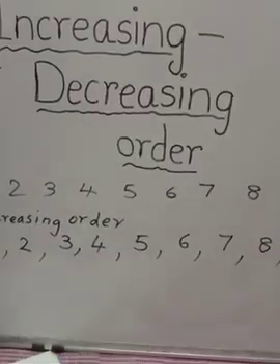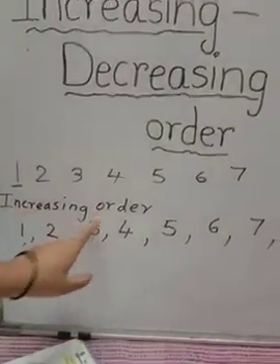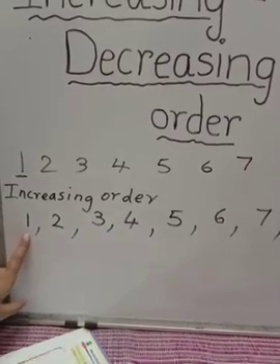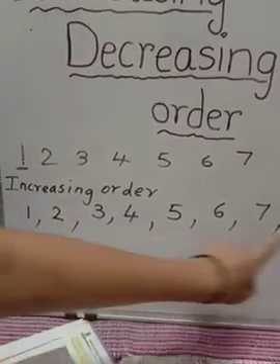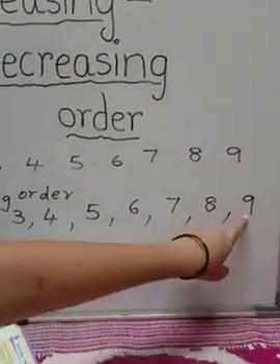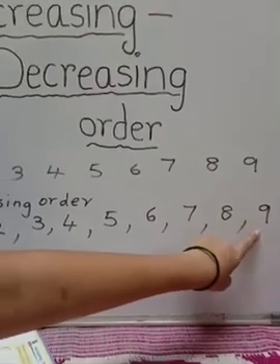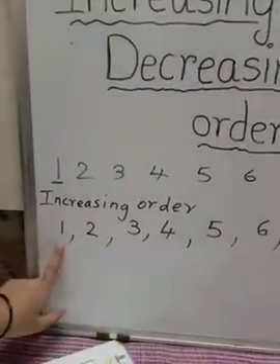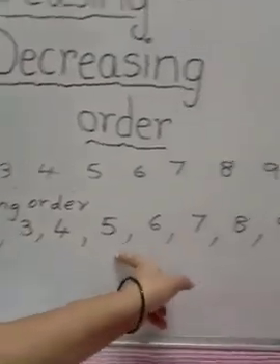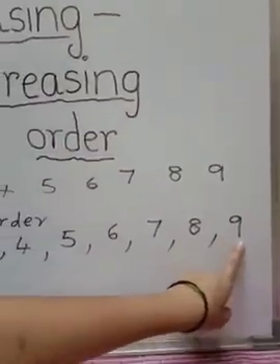So this increasing order starts with the smallest number, that is 1, and ends with the biggest number, that is 9.